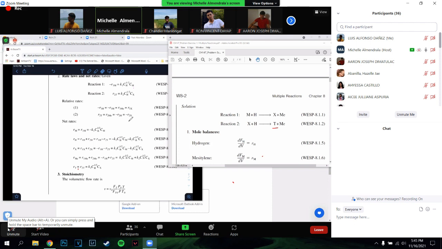the rate of the mesitylene, the reactant. And then that is the same as the rate of the product methane in reaction 1, and the same rate as the rate of the M-silene in reaction 1.